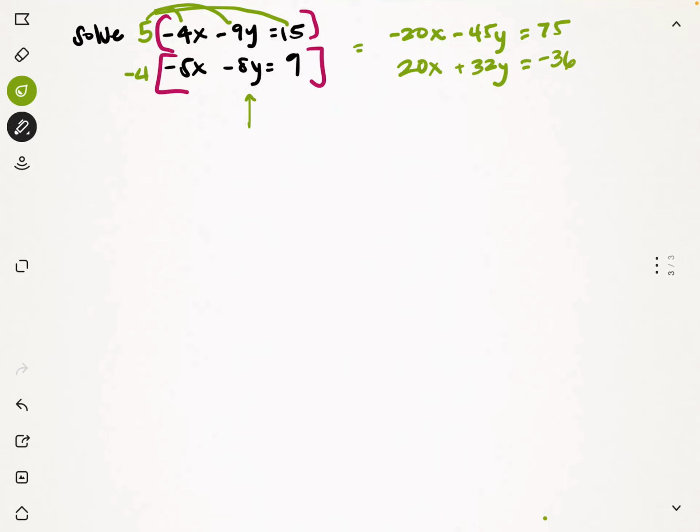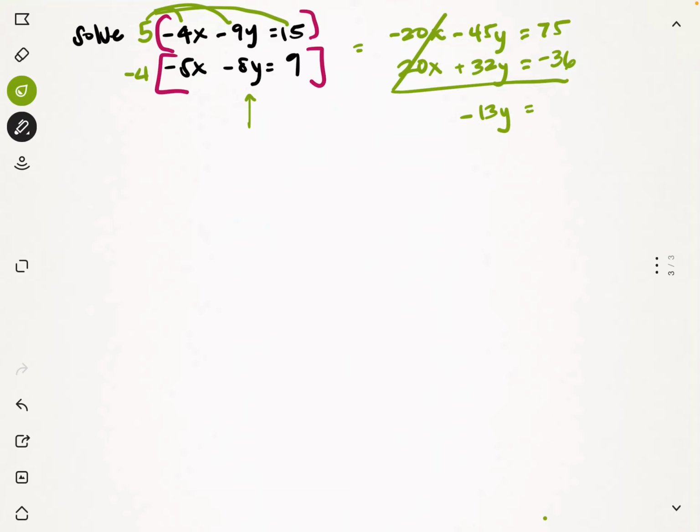Okay, so you can see if we did it correctly that we're going to have things that are going to eliminate. So here we have our negative 20x and our 20x. So when we add those together, we get 0. For the y's, negative 45 plus 32 is going to be negative 13.